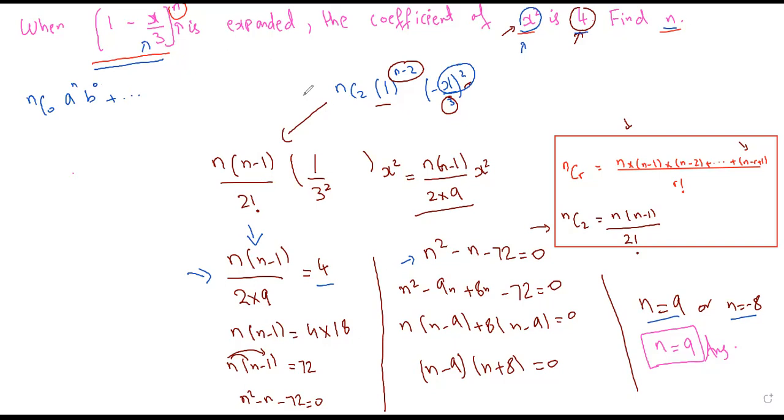So I will directly just write this term down, NC2, 1 to the power n minus 2, and then b to the power 2. I simplified this and I got this. So this is the coefficient of x square and in numbers it is 4. So I just equated them and finally I got n equals 9 and n equals minus 8. Since the examiner told me that n is a positive integer, that is why n equals 9 is the answer.